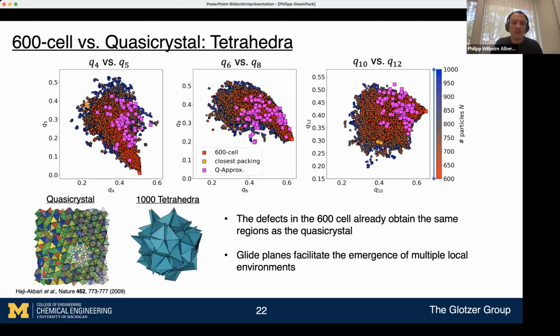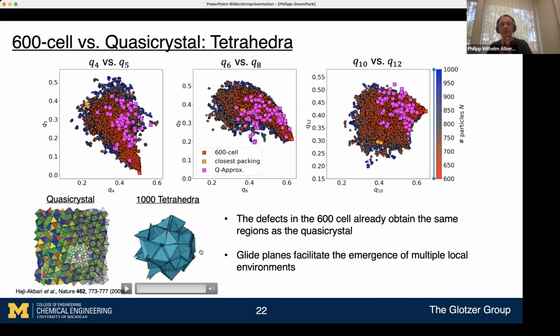And you can also see in the simulation down here these characteristic pentagon shapes, where the particles still try to align with their faces. So basically, what we can claim here is that the quasicrystal is pretty much a remnant of the tessellation in curved space, here specifically for the 600 cell.